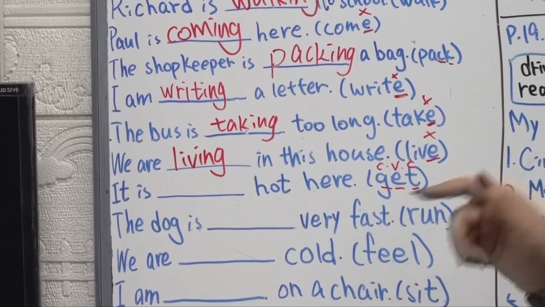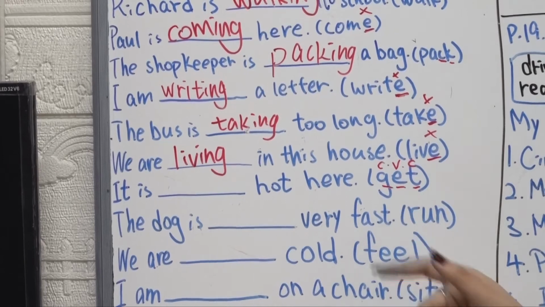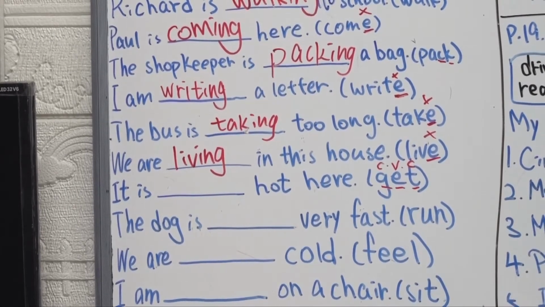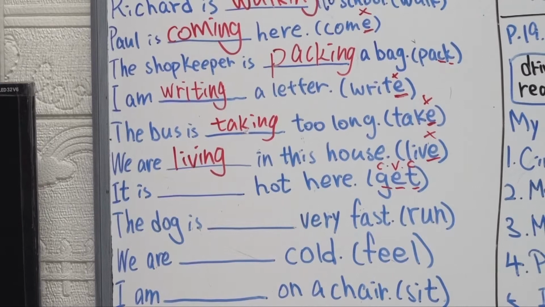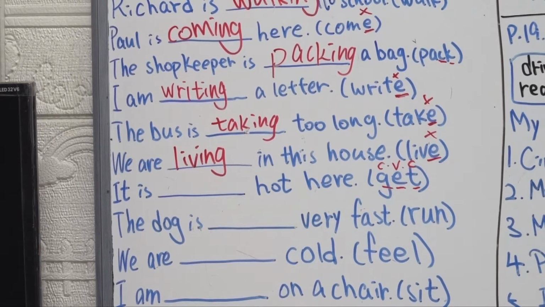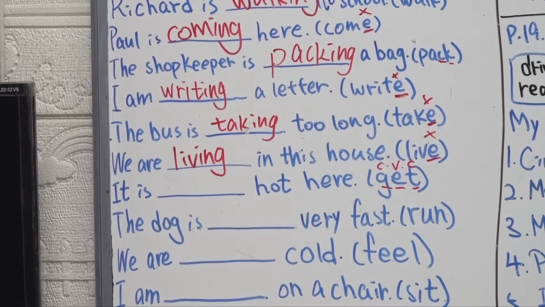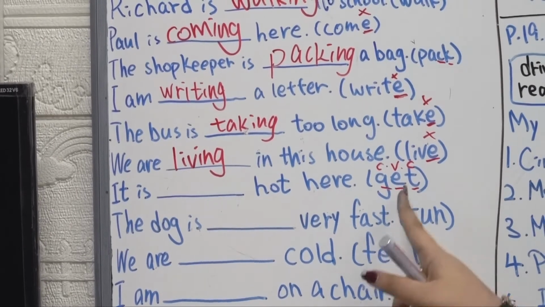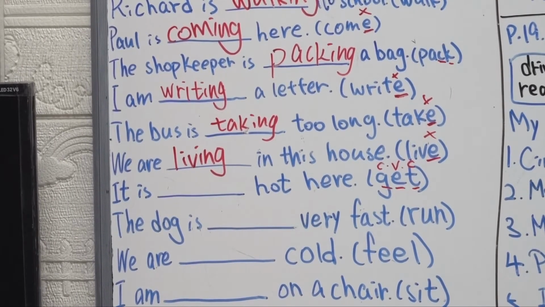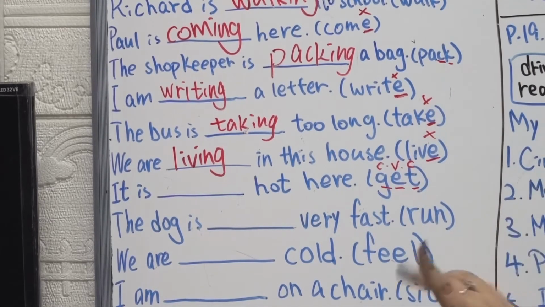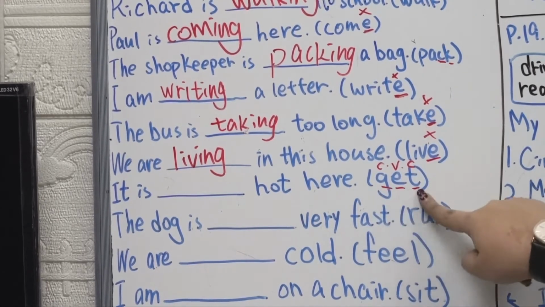G and T are consonants because they are not vowels, just like B, C, D, F, G, H, J, K, L, M, N, P, Q, R, S, T, V, W, X, Y, Z. These are consonants. These A, E, I, O, U belong to the vowel sounds.